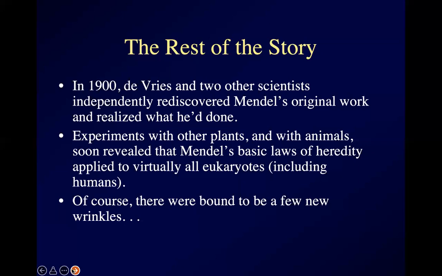And de Vries and other scientists went on to do experiments with other plants. They looked at animal breeding, they looked at human breeding, and revealed that Mendel's basic laws apply to virtually all eukaryotes, including you.